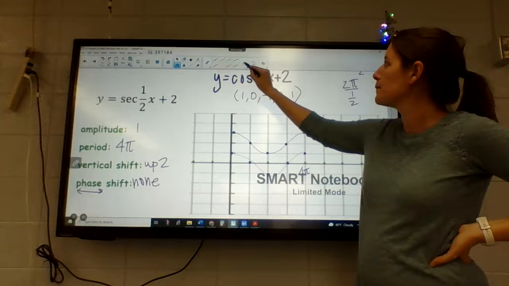Again, phase shift is left and right, vertical shift is up and down. So there's no vertical shift, but then this one's going to be right 3 pi over 4. So we have to determine what 3 pi over 4 looks like on this graph.